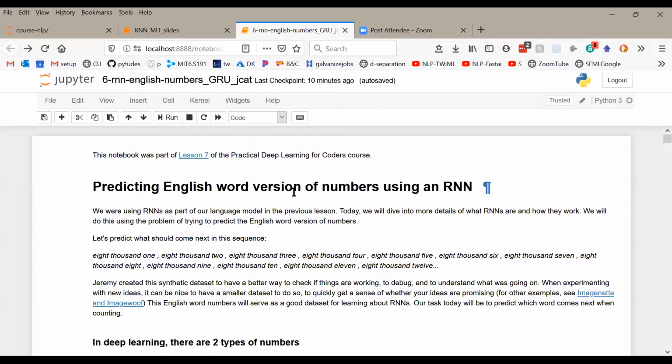So now there's only one notebook 6, called 6-RNN-English numbers underscore GRU, and that's got both notebooks combined. But before we go into this notebook, I wanted to look at some really nice slides from this MIT course that show us what an RNN looks like and what it does. So let me go back to sharing that, and then we'll come back to the notebook.